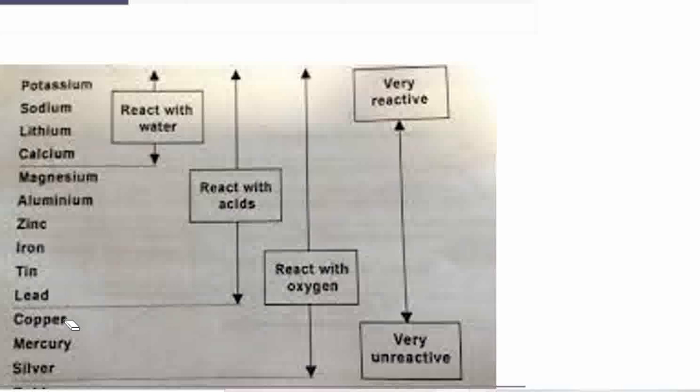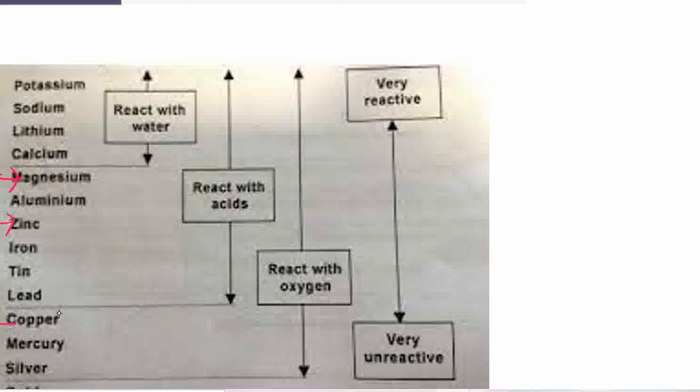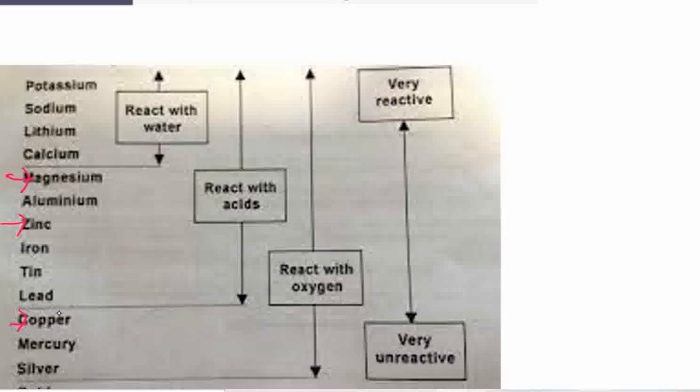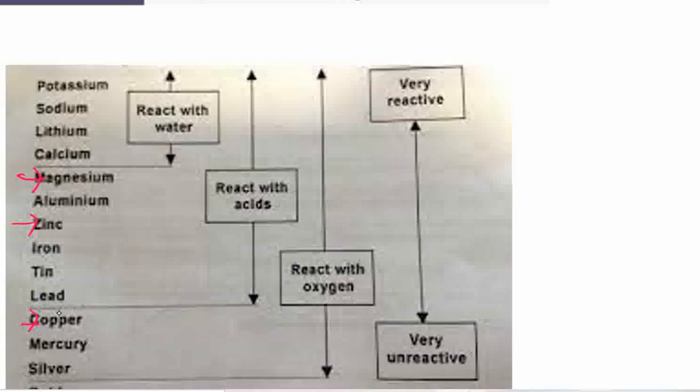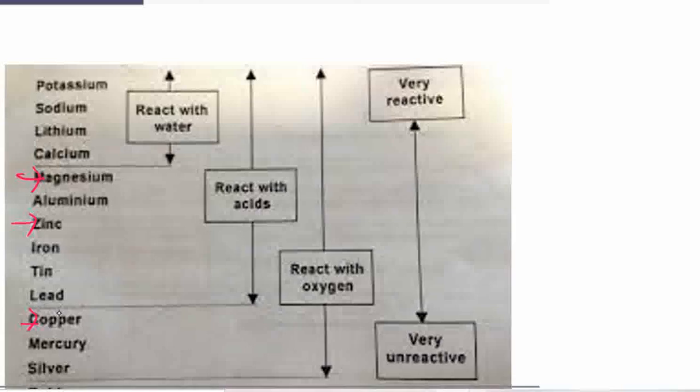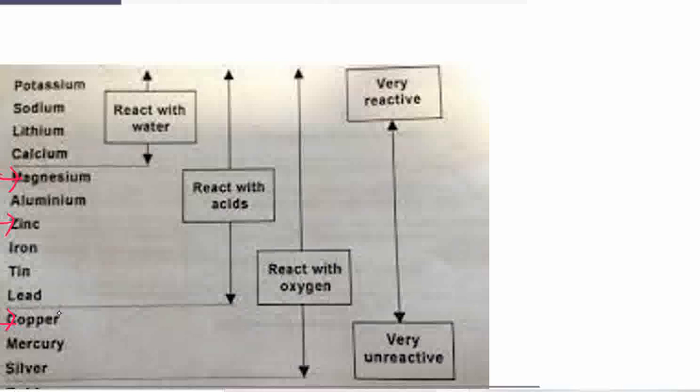So if we see this, magnesium, zinc, and copper. Remembering this reactivity series will also help us to answer the question. Now the metal that will not react with acid will be copper because it is in the lowest position. The lowest position will be very unreactive and the high position will be very reactive. This is the list of reactivity. We have to remember it.